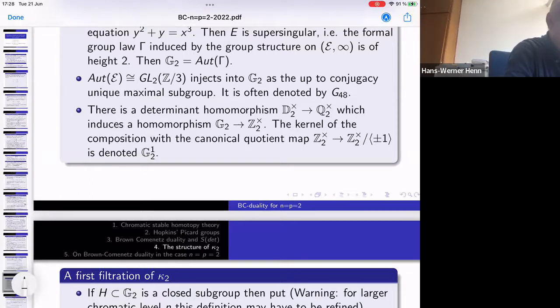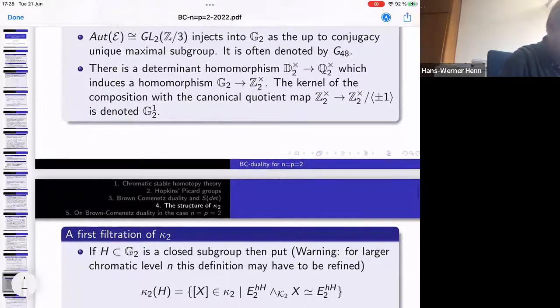And this induces a homomorphism from G2 to the units in C2, that's in fact the determinant that I've been talking about briefly before. And then we can compose that with a canonical quotient map where you divide out by the finite subgroup generated by plus and minus 1 in the units of the two-adics. And the kernel of that map is called G21.